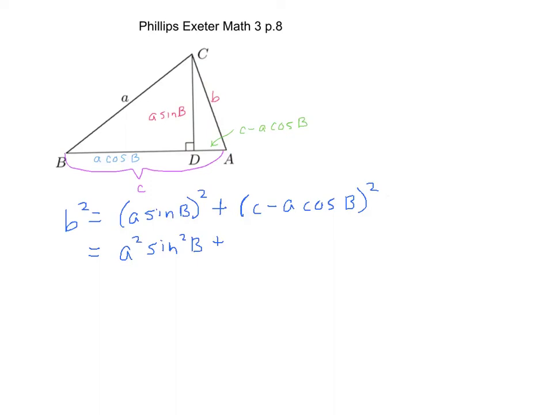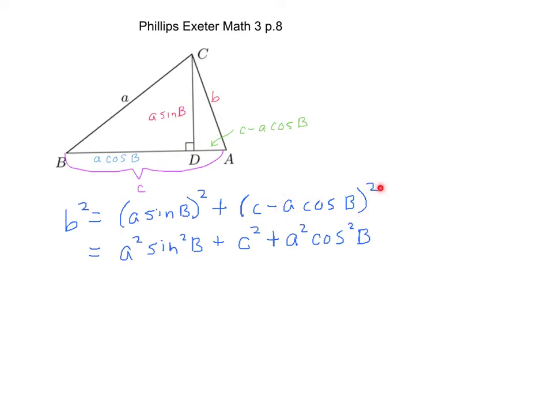Now this one we have to distribute. So when you distribute, you're going to get C squared, and I'll do what you guys usually do, plus A squared cosine squared B. Now I'm forgetting something, and what am I forgetting? I need another term here, because a mistake that a lot of students make is they'll just do this squared and then this squared.